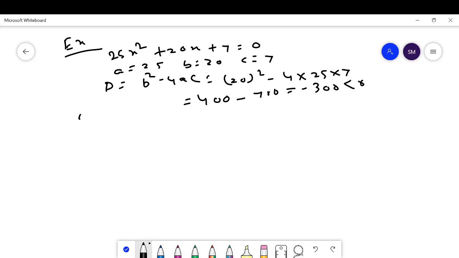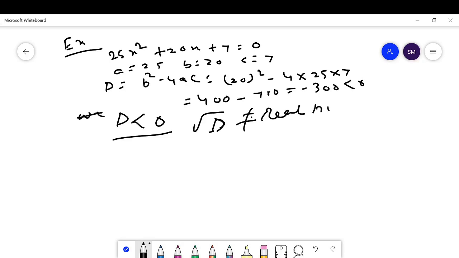Here as D is less than 0, D is a negative number. Then the square root of a negative number is not a real number, hence here we cannot get real roots, we get imaginary numbers.